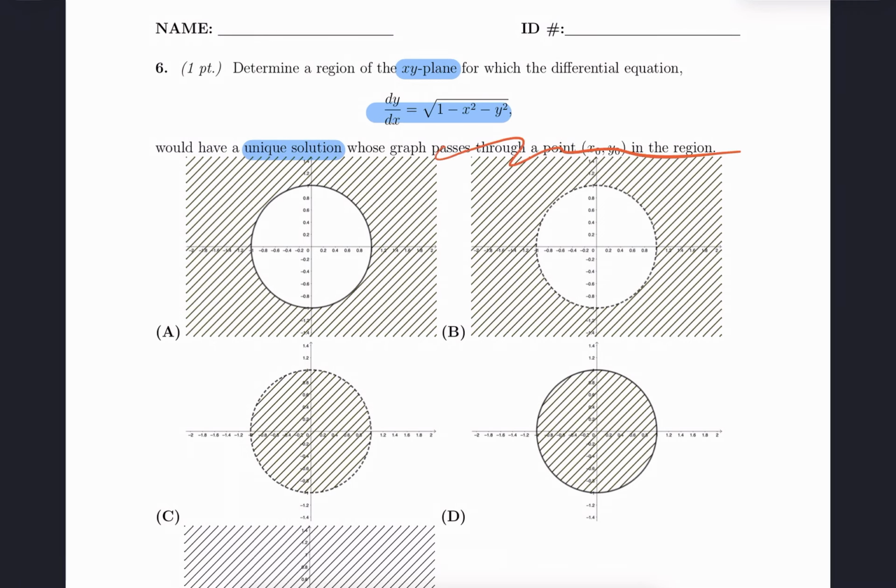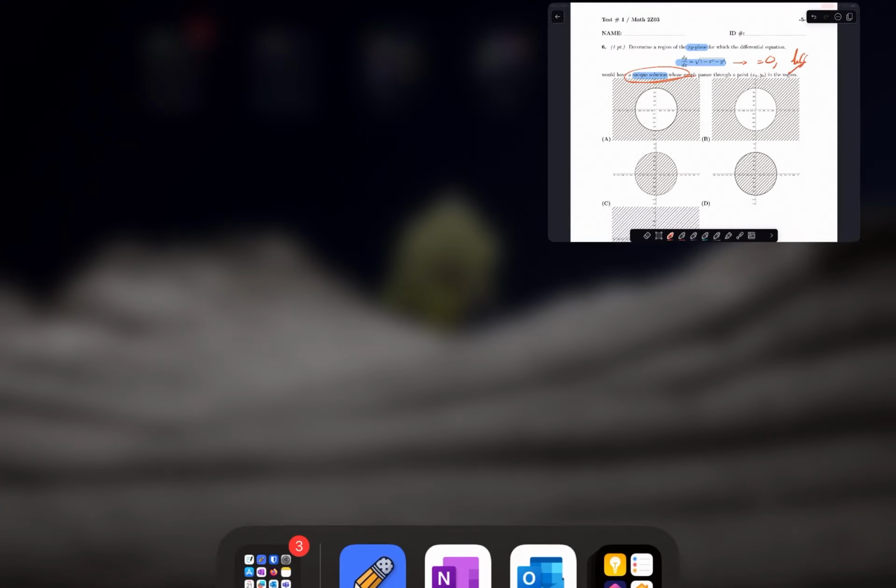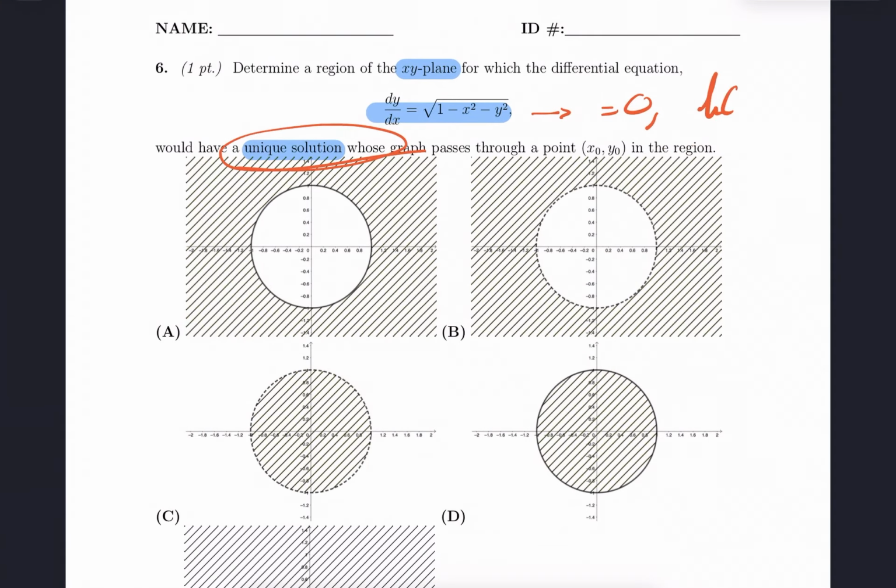I just know that for me to have a unique solution, this has got to be not equal to 0, and it can't be undefined. What does that mean? No ln zeros. No 1 over zeros. I shouldn't have anything like that.